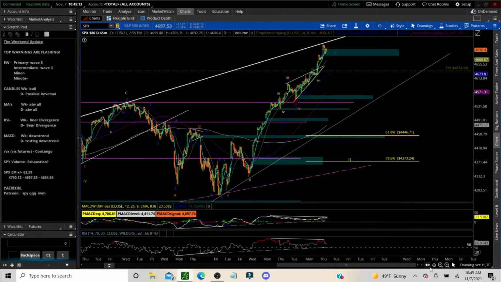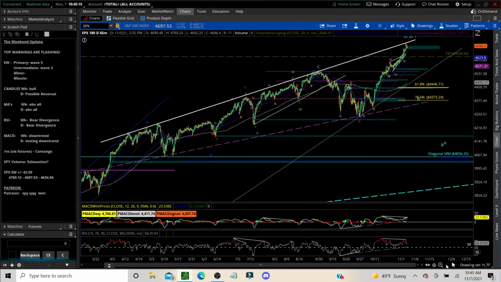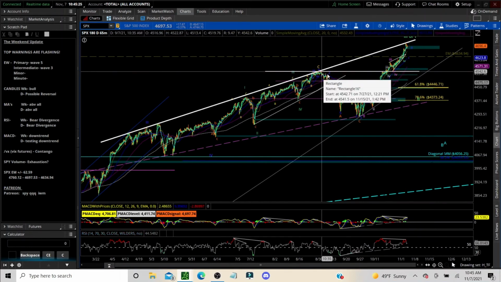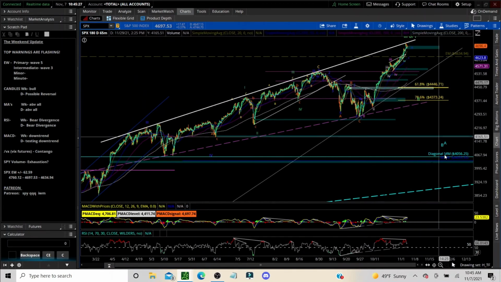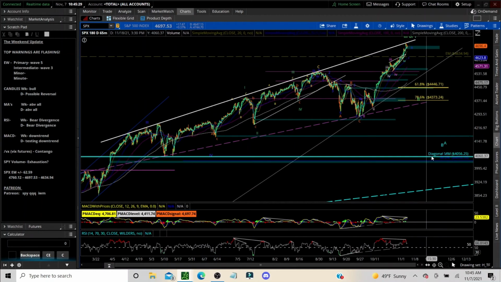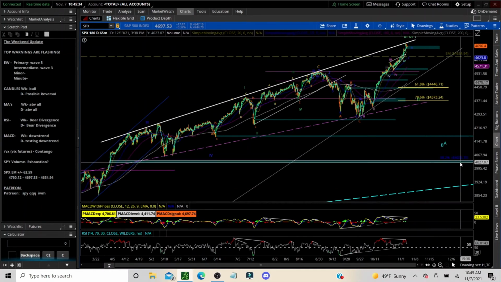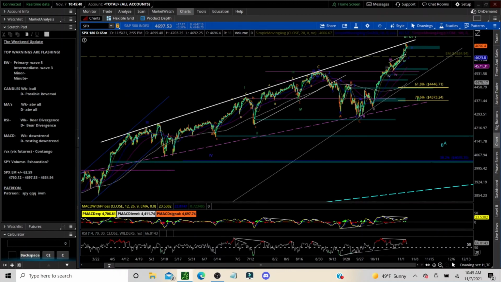Now that's the secondary alt. Well, I guess what we're looking for as primary right now, but if this is an extended ABC, then we're looking at areas down, possibly all the way down to the 4,000 or 403 area on the SPY.